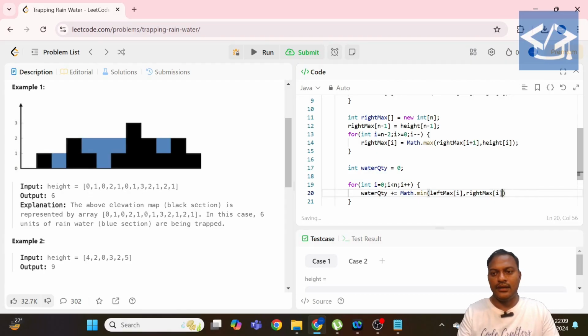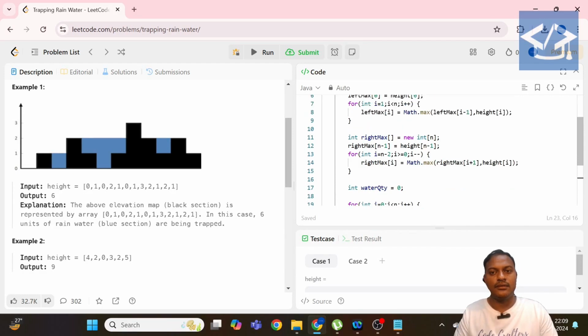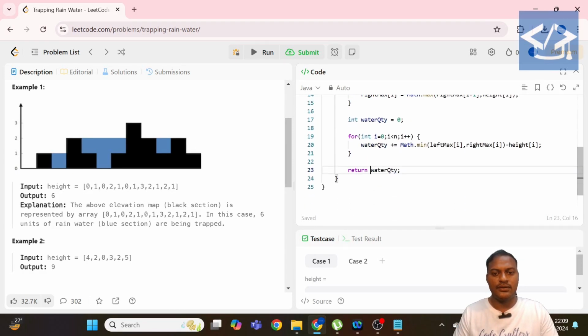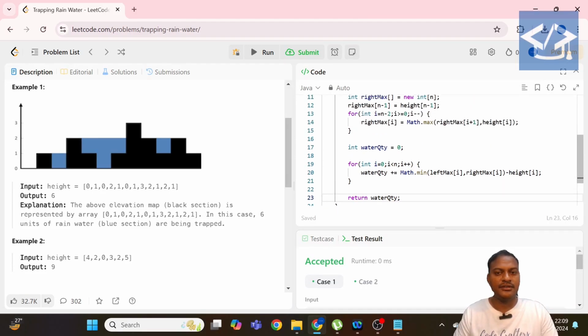That's it. Finally, let's return the water quantity. Let's try to run it and see what happens. Yeah, see, it got accepted. That's it, pretty simple.